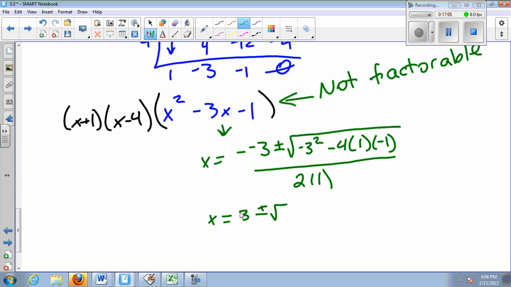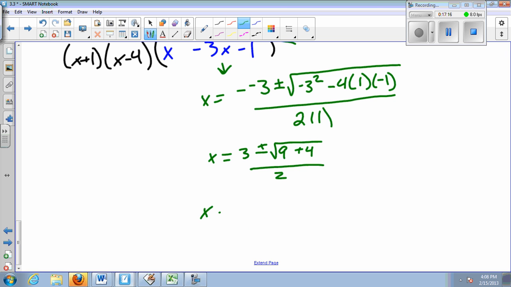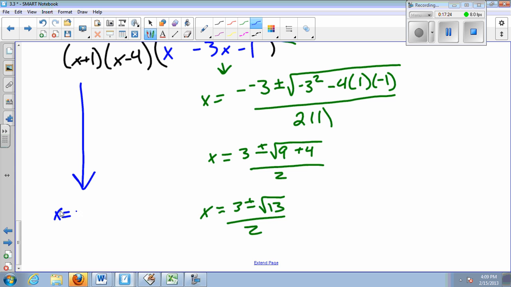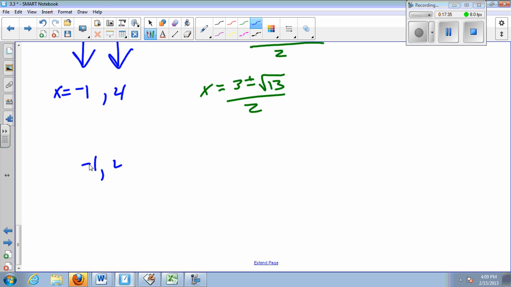Three plus or minus the square root of 9 plus 4 over 2. So we get x to be 3 plus or minus the square root of 13 over 2, along with our two previous zeros, negative 1 and 4. So we do get 4 zeros that occur at negative 1, 4, and 3 plus or minus the square root of 13 over 2.